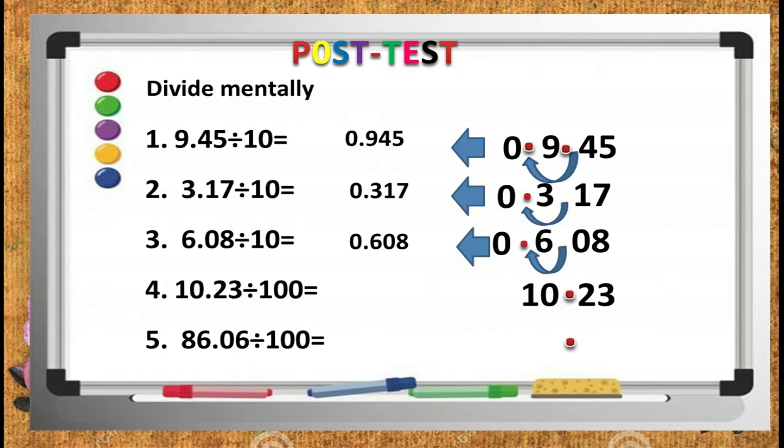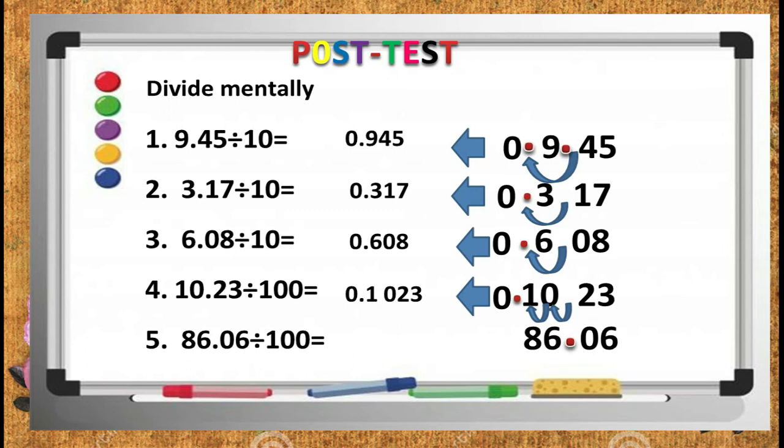Move 2 decimal places to the left. 1 and 2. Here is the decimal point. Write 0. The answer is 1,023 10,000ths. For number 5, 86 and 6 hundredths divide 100.